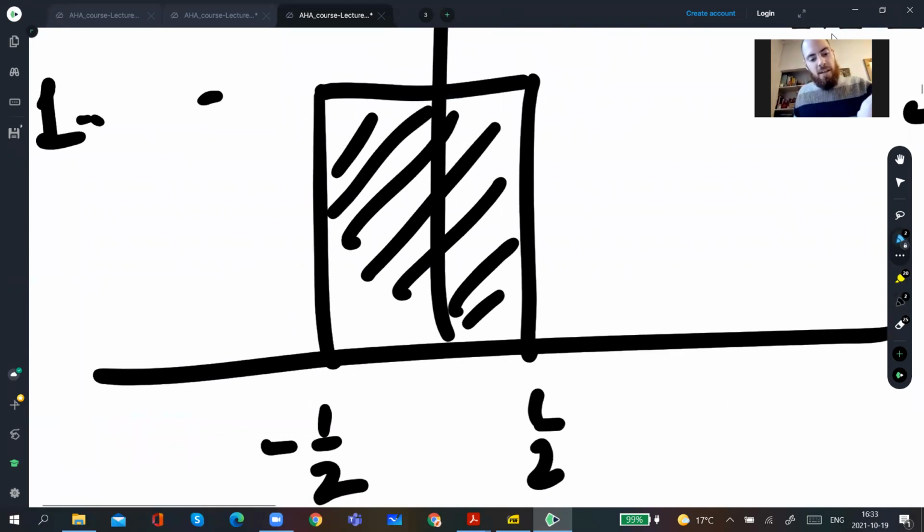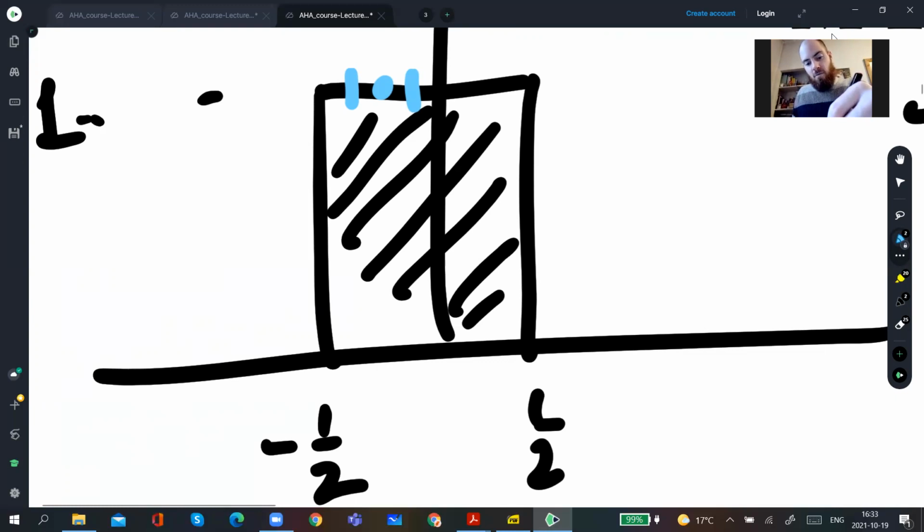If I take some point inside and I look at all the intervals that are symmetric around that point, but contained inside -1/2 to 1/2, the average over this interval is 1, because every value inside that interval is just 1. And again, it's a probability measure, so it's normalized to counteract the width. Okay, so all of those averages are at least 1 for every point inside this interval.